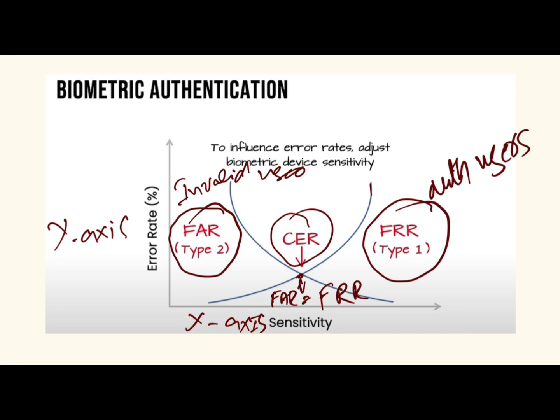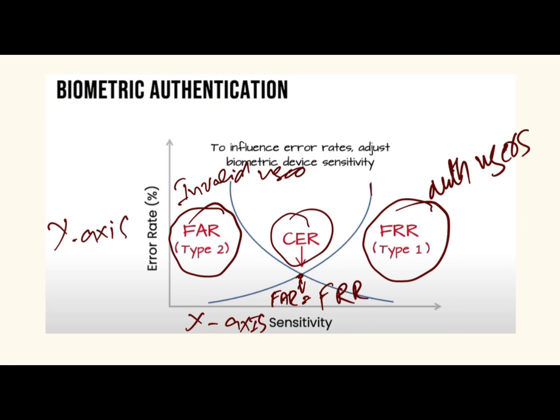Mobile phone face unlock, for instance, focuses more on convenience. So some type 2 risk may be tolerated if the impact is low. So here is the catch.